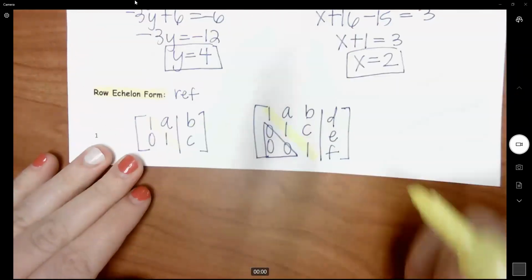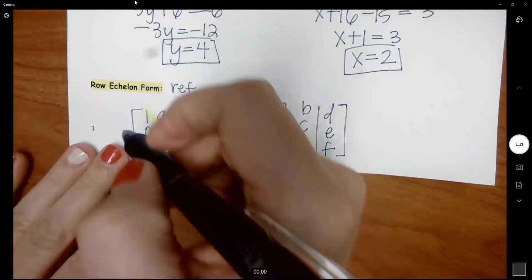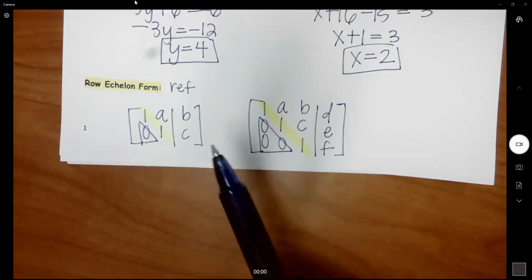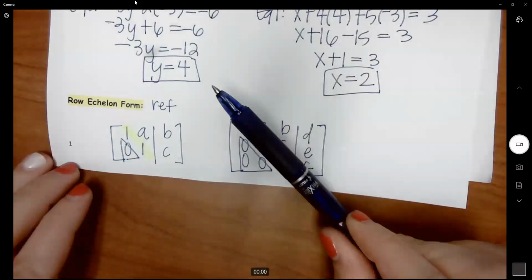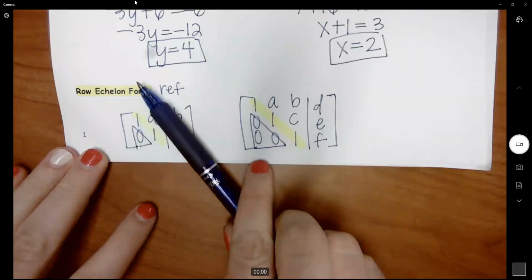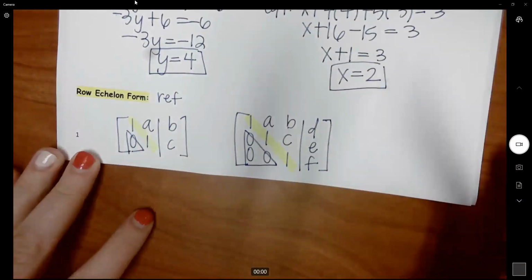You have your diagonal of ones, and here's my little baby triangle of a zero.